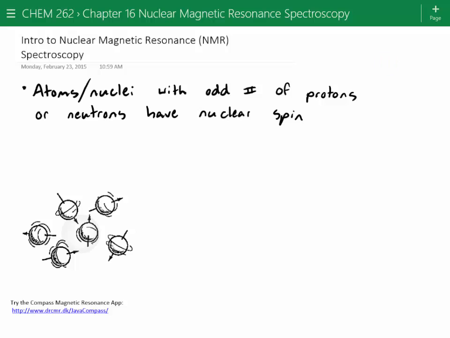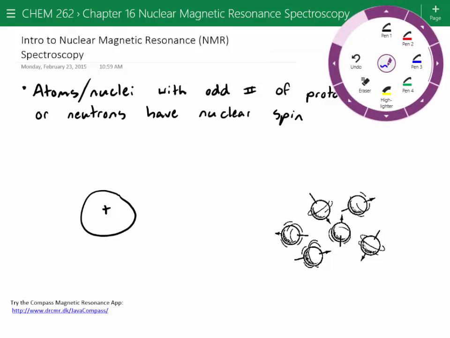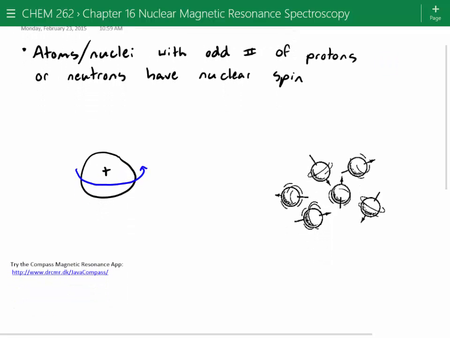And the way I imagine this is, I'm going to move this over to the side. Let's say we've got a proton here with a positive charge. This positive charge will essentially spin like a top. So I'm just going to draw it spinning that way, right? Almost like a little top. I don't really have it drawn that circular, but you get the drift.